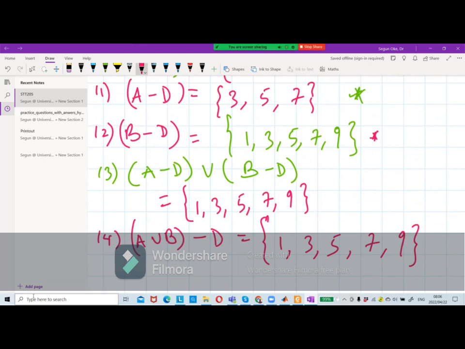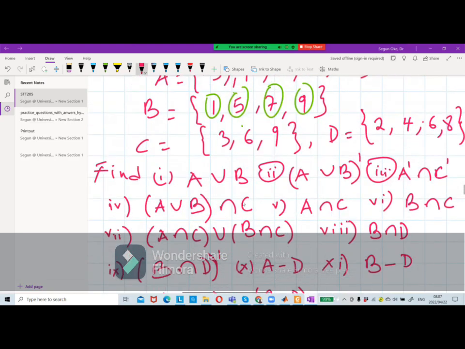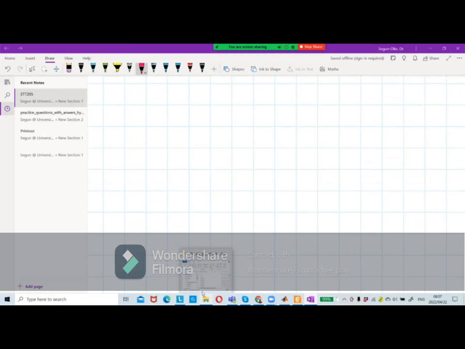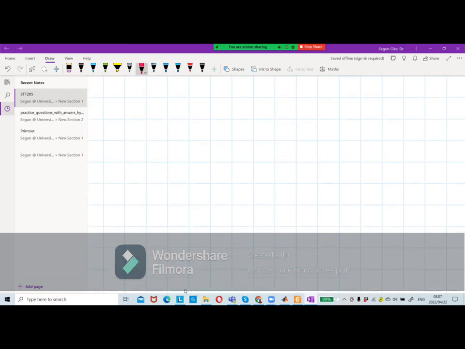So we've discussed the union set, singleton set, intersection, different sets, union sets, and complements, and we should be able to solve as many problems as possible that come our way. So now let's look at another example from our material.